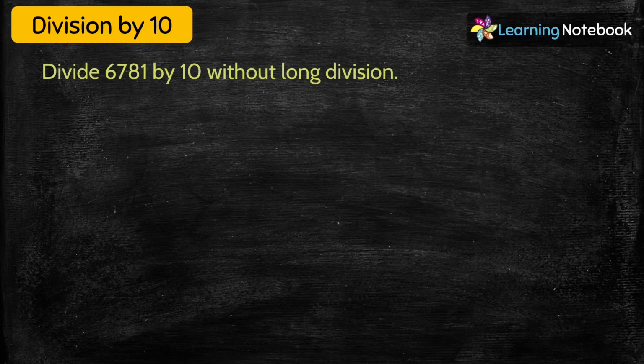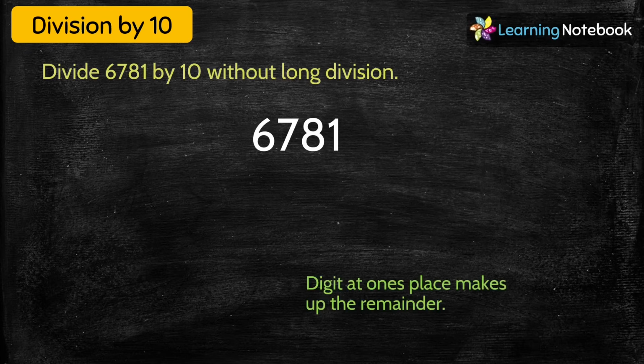Now let's do division by 10 without using long division method. Question is, divide 6781 by 10 without long division. Students, as we observed in previous questions, the digit at one's place makes up the remainder. So here, the digit at one's place is 1.